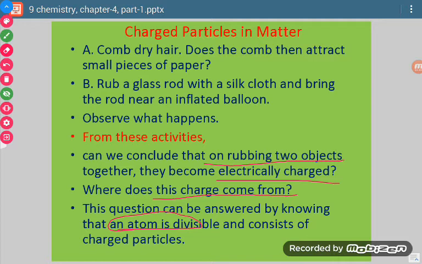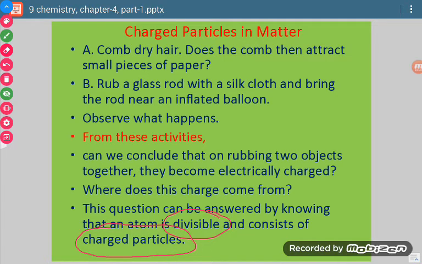So from this what can we conclude? We can conclude that the atom is not an indivisible unit, but it can be divided, and there must be some charged particles present in the atom.